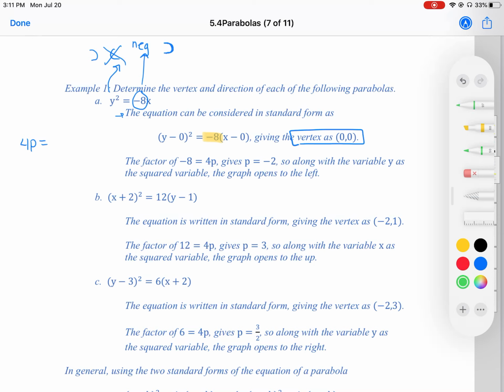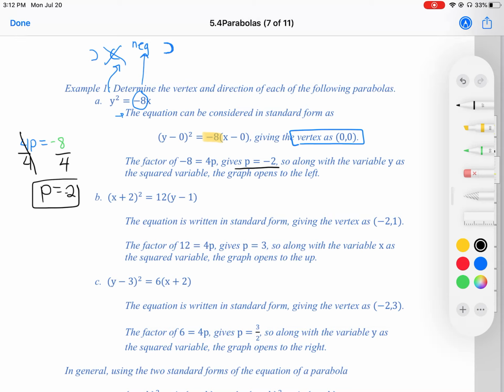In this case, that number is negative 8. So we go ahead and solve. We divide by 4 and get p is negative 2. P is negative 2, so along the variable y as the squared variable, the graph opens left. And we knew that because that sign was negative.